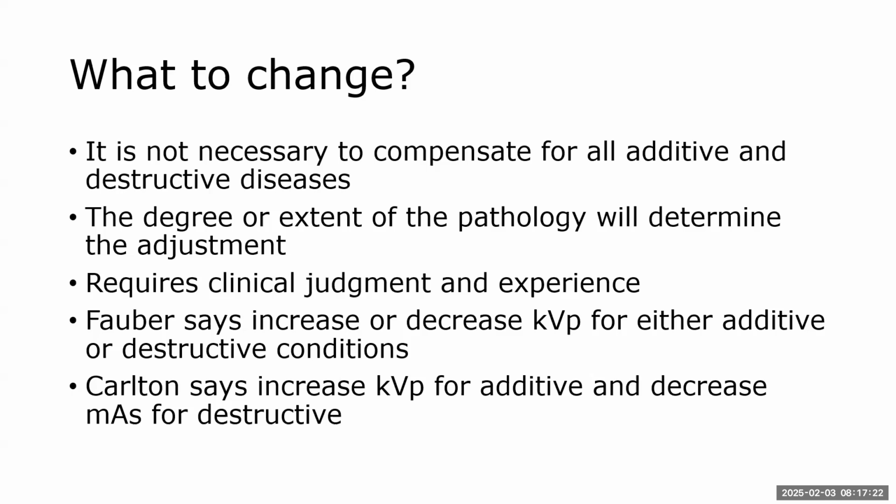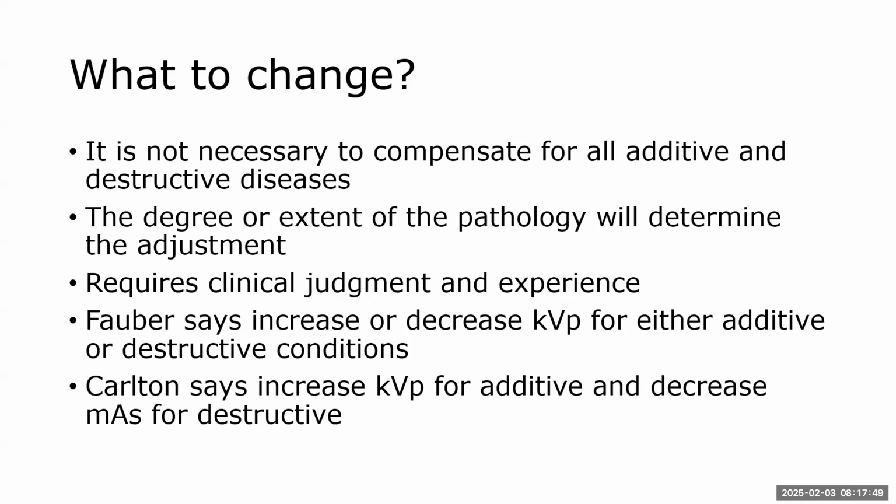I don't think the registry is going to ask you the question, hey, would you increase kVp or mAs for an additive condition? Because the books can't even agree, okay? So your Faber book says you increase or decrease kVp. So in other words, you're changing kVp if it's additive or destructive. You either increase kVp or you decrease it, depending on if it's additive or destructive.